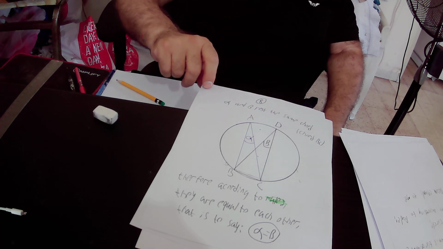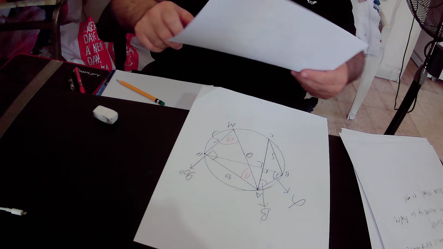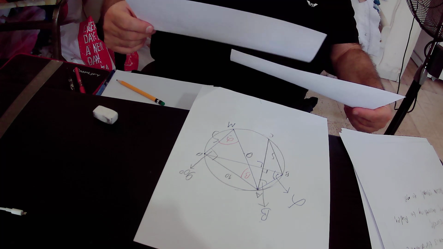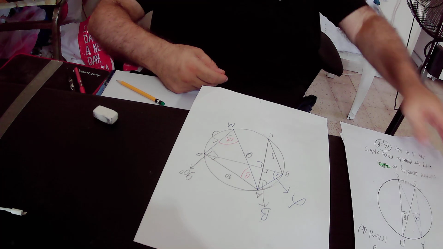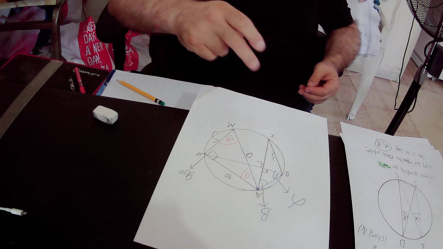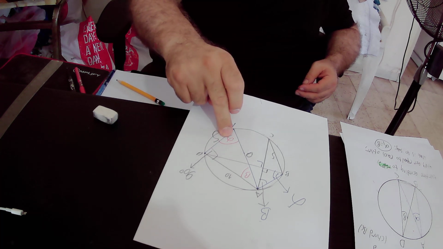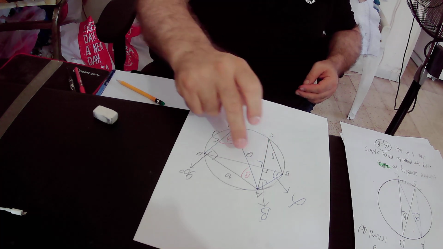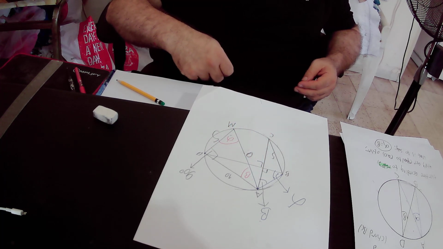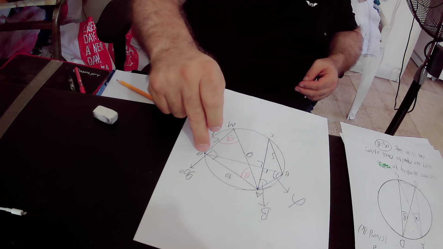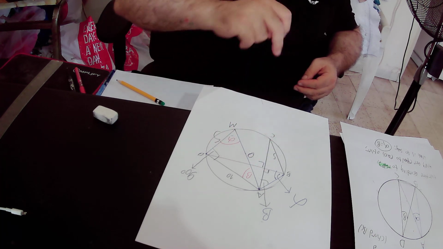Okay, so we actually can implement rule number 2 in our circle, because we have angle AMD that equals alpha, and angle AMD rests on chord AD, and we have also angle ABD that also rests on chord AD.